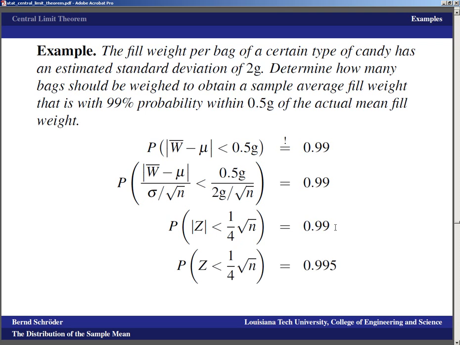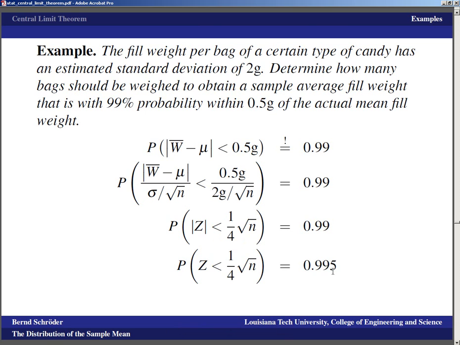Because of the symmetry of the normal distribution, that means that we would have 0.005 probability in the right tail and 0.005 probability in the left tail. And so if the right tail has a probability of 0.005, you can draw that. Well, then the probability to the left of this cutoff here would be 0.995.